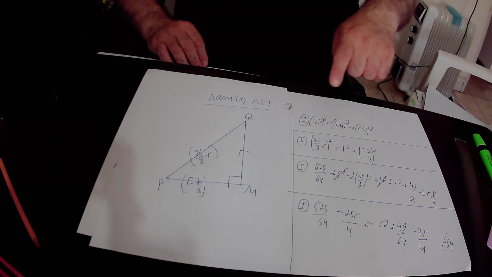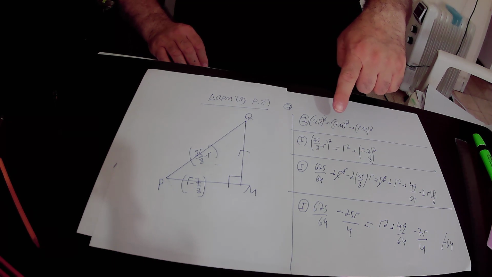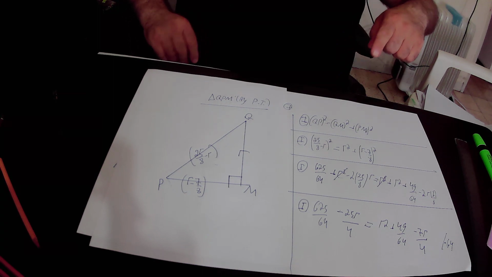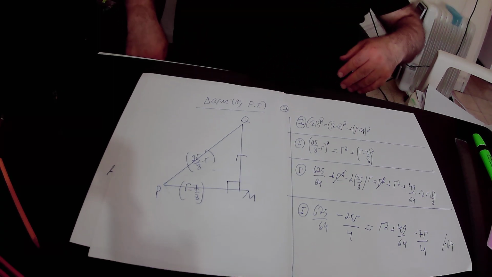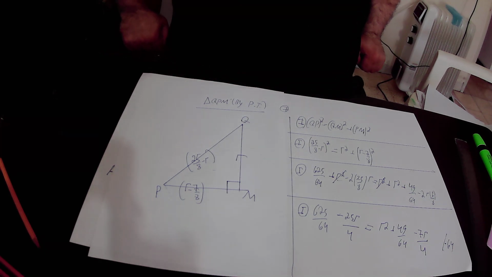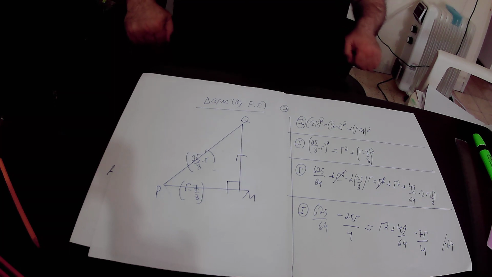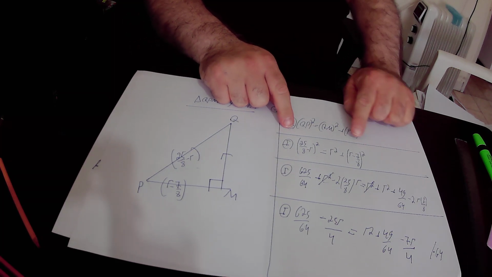We have already found that QP equals 25 over 8 minus r, so QP squared is 25 over 8 minus r, squared. QM equals r, so QM squared equals r squared. PM equals r minus 7/8, so PM squared equals r minus 7/8, squared. Here we open the brackets on both sides of equation number 1.